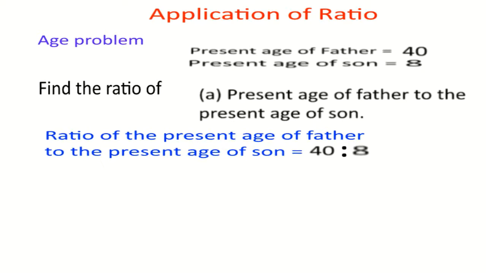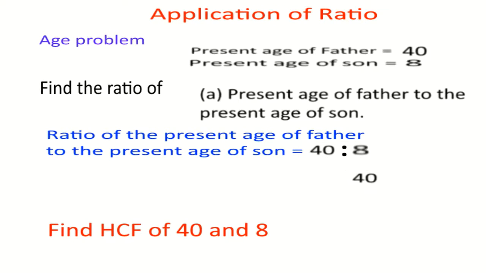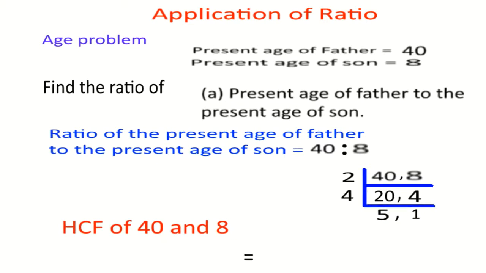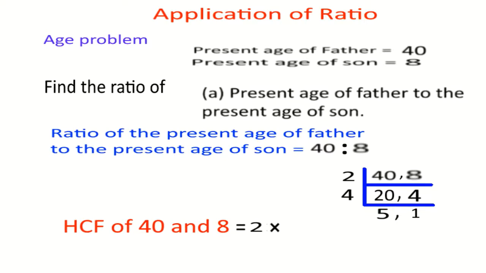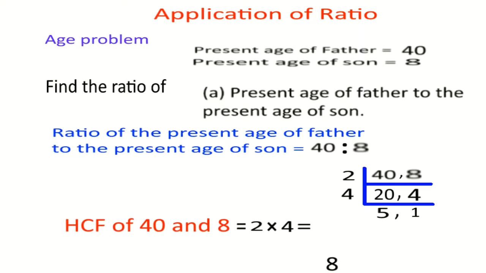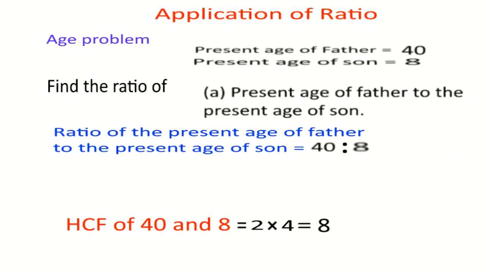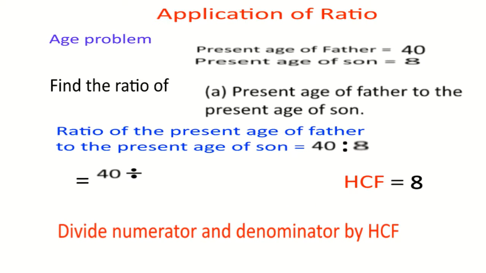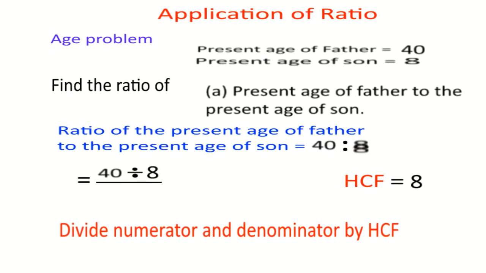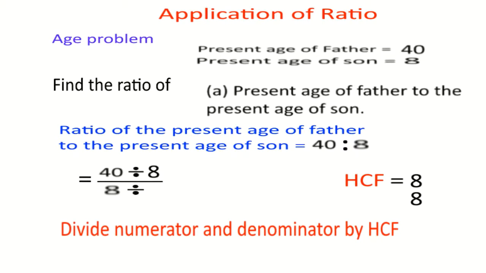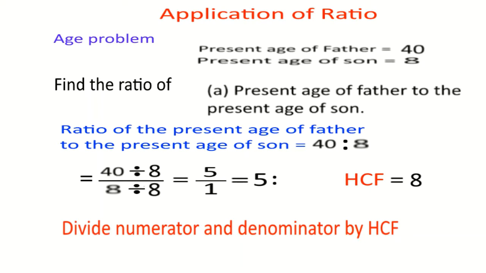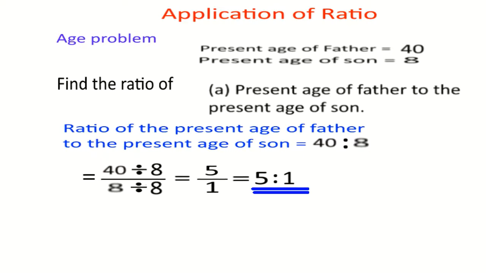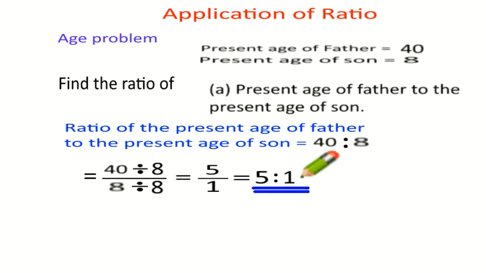On simplifying we get the ratio of the present age of father to the present age of son as 5:1.